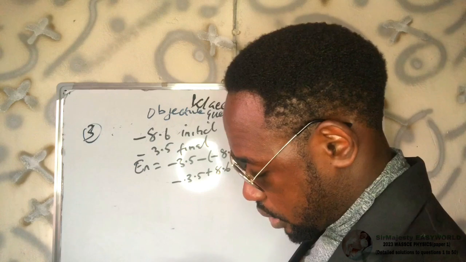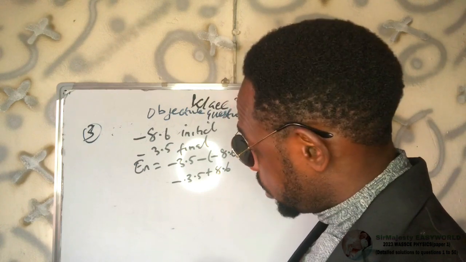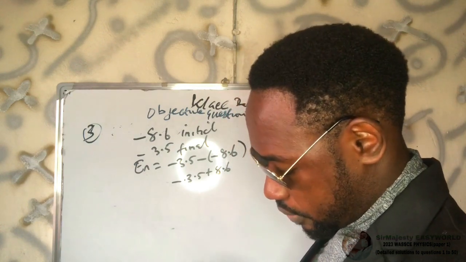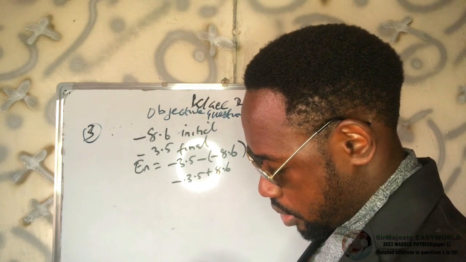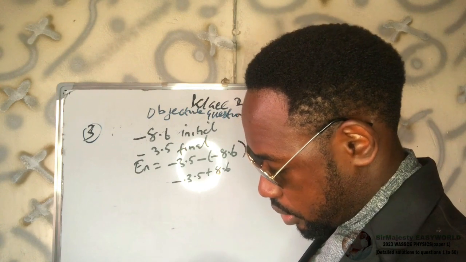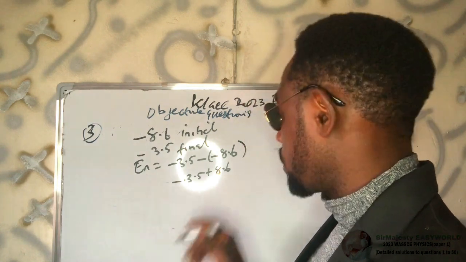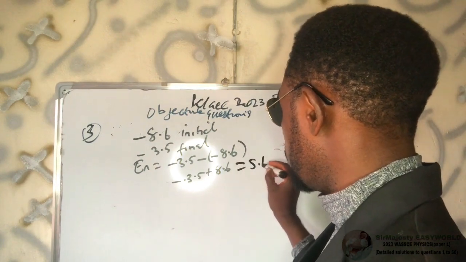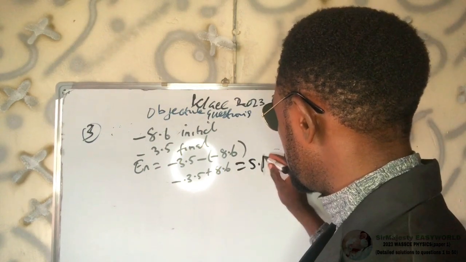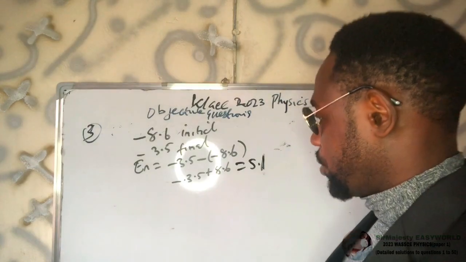Okay, my calculator is giving me an error there. We'll put minus 3.5 plus 8.6. I can equally do this without a calculator, so this should be 5.1. 5.1 is the energy absorbed.